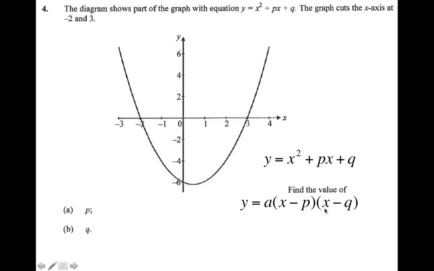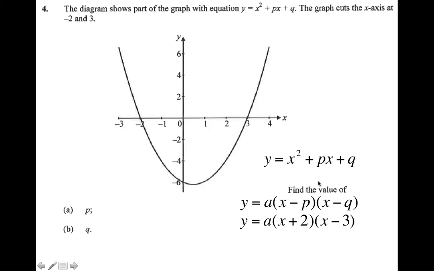For this, the p and q just means what are these values, right? So if you rewrite this in intercept form, we know the intercepts are negative 2 and 3, so we put 2 here and negative 3 here. Remember that these are always the opposite. So this is negative 2, this is positive 2, this is positive 3, this is negative 3. So that's written in intercept form.